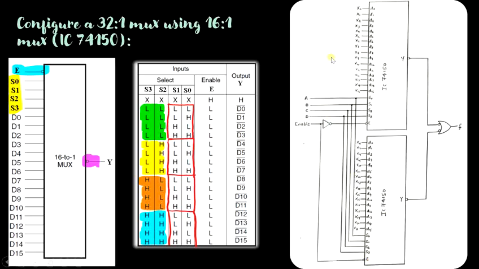Clear? So in general, we consider the circuit function to be operational when the enable is active low. But here enable itself is considered as a select line. So here for the first case, I am considering E. It is equivalent to saying A, B, C, D, E. E is equal to 0 for the first case, whereas E is equal to 1 for the second IC.